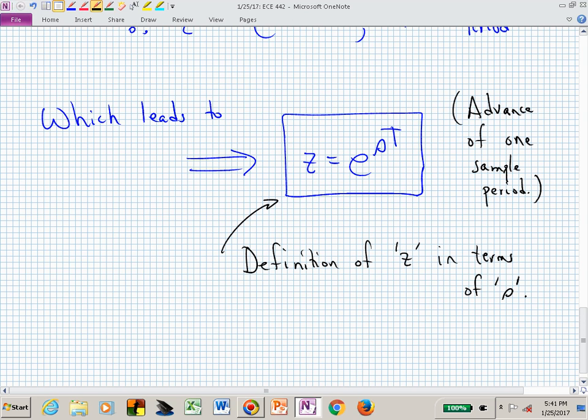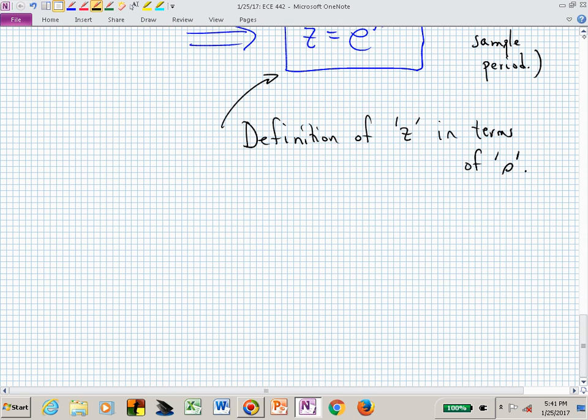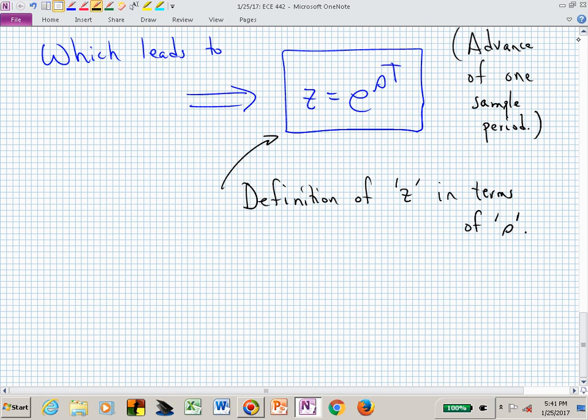So if you had an expression that was a function of s, could you now use this? Or if you had a transfer function as a function of z, you could replace z everywhere with e to the sT, and that would give you this expression in s. But this now gives us an interpretation of what z represents. Z is now like an operator that's corresponding to a 1 period advance in the time domain.